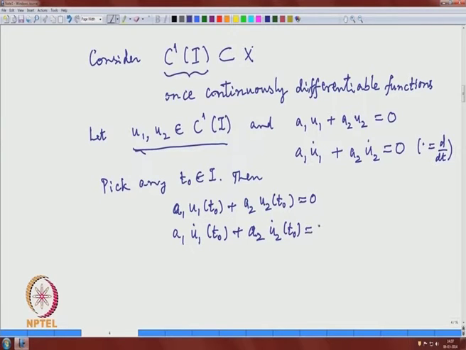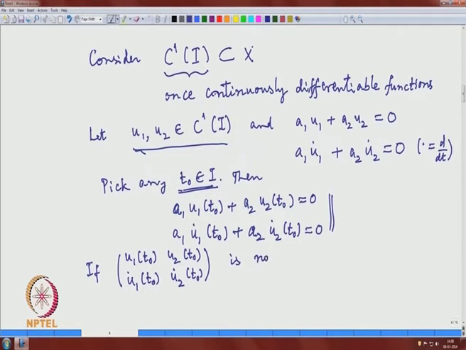So, unlike in the previous situation, now just one point will do, and we are getting again two equations, and from this we would like to conclude A1 equal to A2 equal to 0, and for that this coefficient matrix should be non-singular. So, if this matrix with rows U1(T0), U2(T0) and U1 dot (T0), U2 dot (T0) is non-singular, it follows that A1 equal to A2 equal to 0.